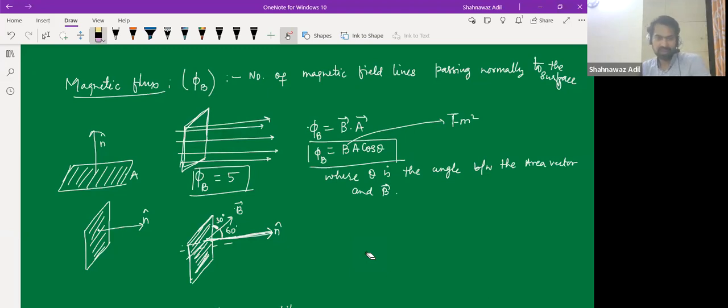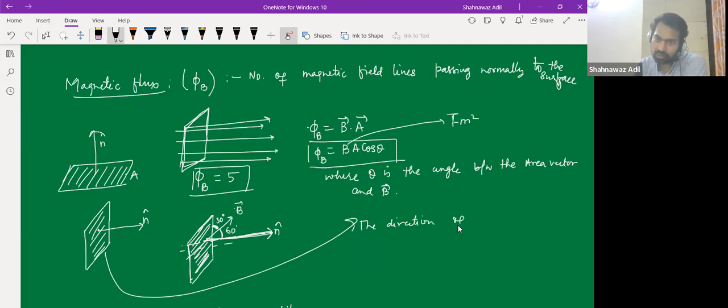I will write here that the direction of the area vector is normal to the plane or surface.